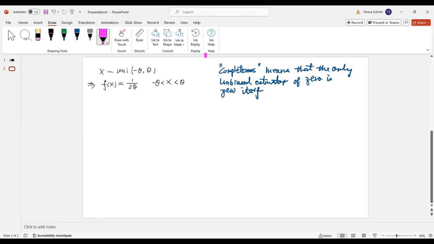So the key things here are the unbiased estimator, and then 0 itself.